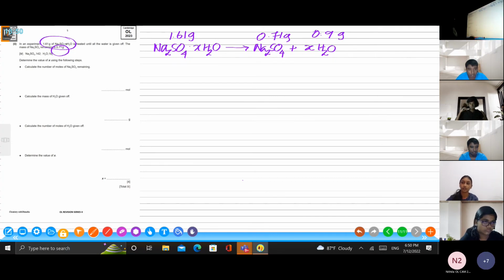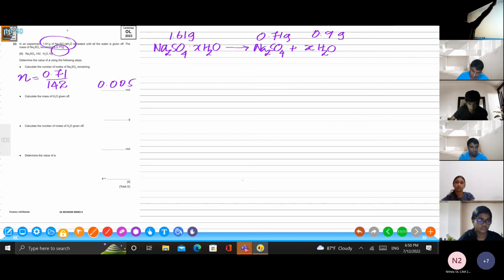Calculate the number of moles of sodium sulfate remaining. So you had to use 0.71 only. 71 divided by 142. So then it's basically 0.005 moles. Calculate the mass of water. Now you can't find the mass of water if you don't know the law, right? But you can even guess. So then it's 0.9.